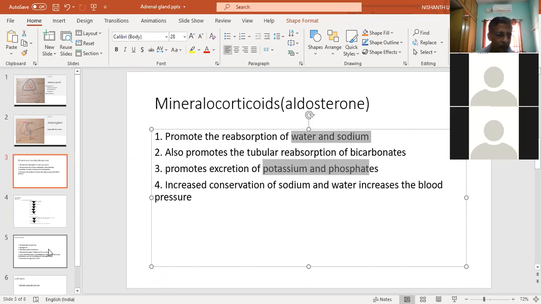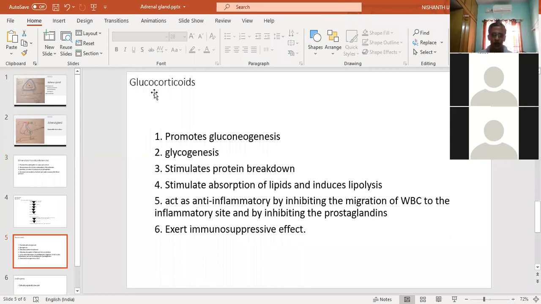So next, let us go to another hormone, that is glucocorticoids. This is a very interesting hormone, but surprisingly, it is not that important from an examination point of view in human anatomy and physiology. Whereas once you go to a higher semester, when you study pharmacology, this topic is extremely important. You have heard about autoimmunity disorders, and apart from that, organ transplantation.